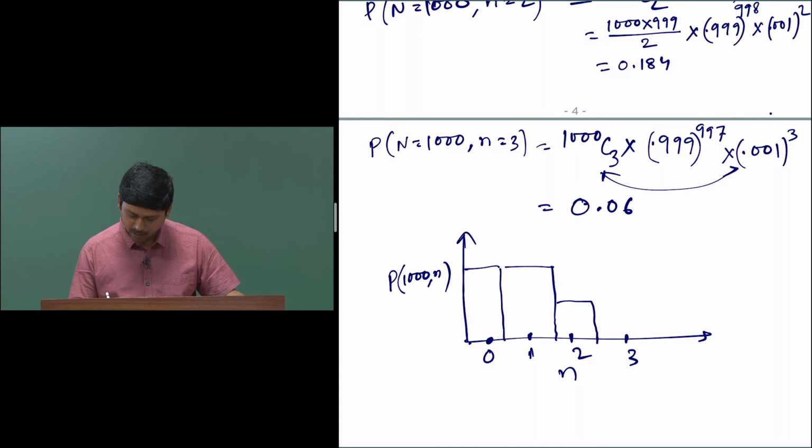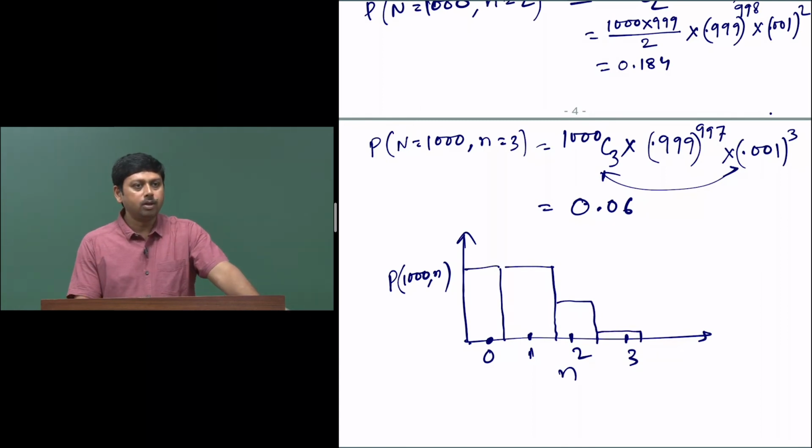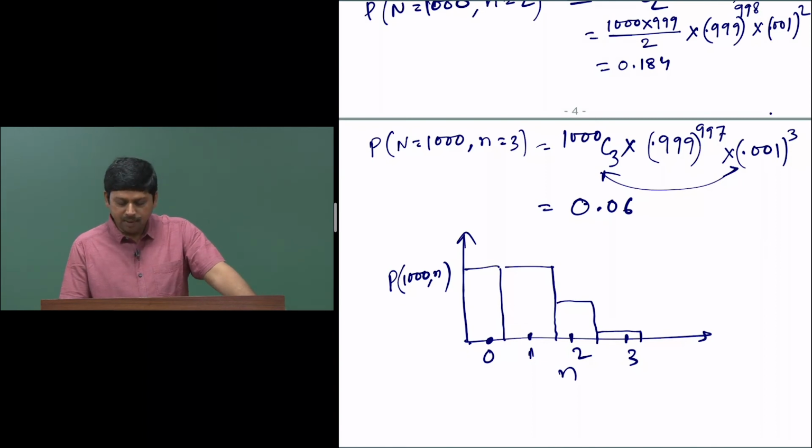This was 0.18 and this was 0.067. So, the bar diagram will look something like this. As you can see, immediately when it goes to 3, the probability just dropped like anything. If you go to 4, it will be like 0.